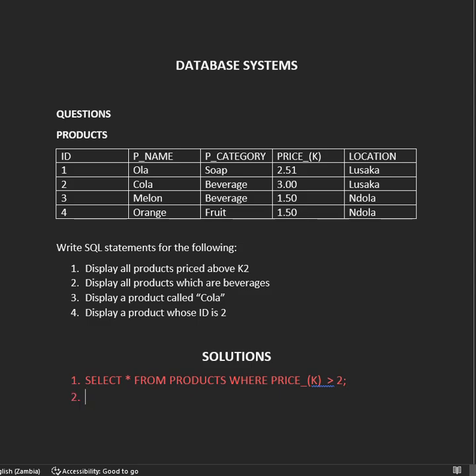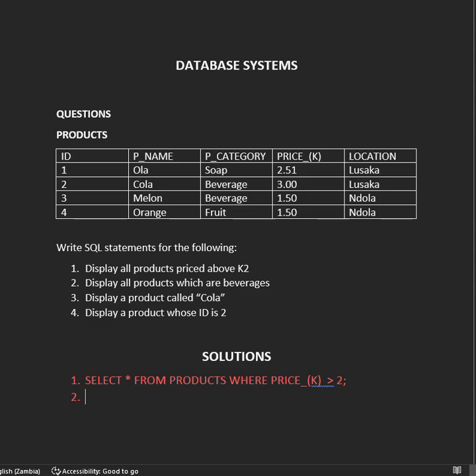Secondly, you're asked to display all products that are beverages. When you look at this table, there are many different products listed, and each product has its own category. The category we're looking for is beverage.